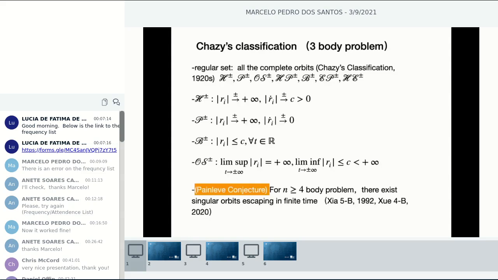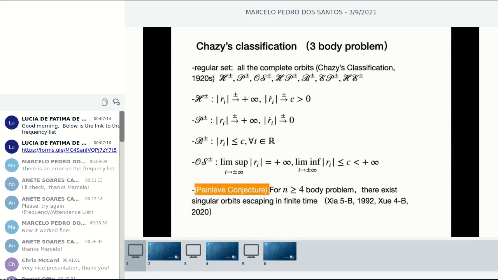The first type is the hyperbolic. Here the plus and minus mean the time limit. Plus is the forward time and minus is the backward. If the relative distance of the three bodies tends to positive infinity, but the velocity tends to a number greater than 0, then we call such an orbit hyperbolic.